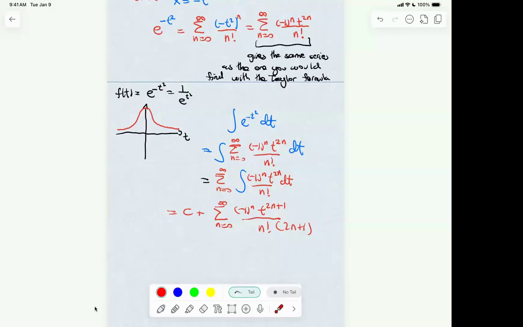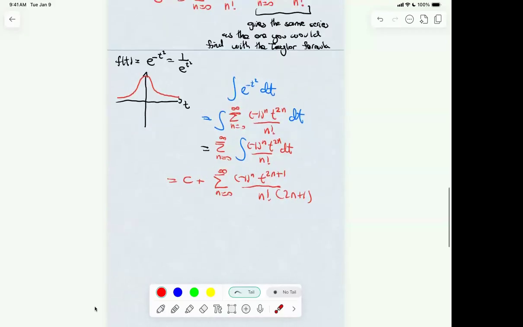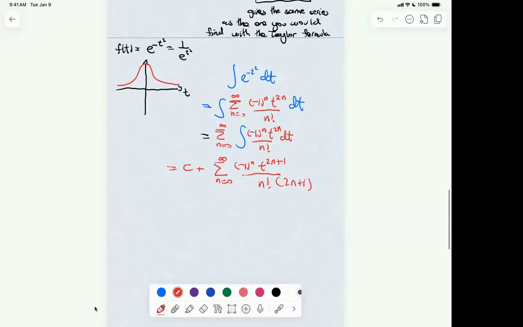Okay, let's move on. As I said, it's super important to know the Taylor series for e to the x. After e to the x, the two other ones which are really important are sine and cosine. They're nice to have around as well. They come as a family, because sine and cosine are very related.